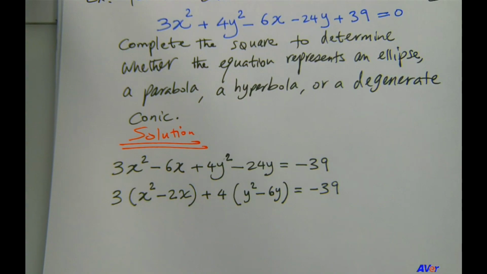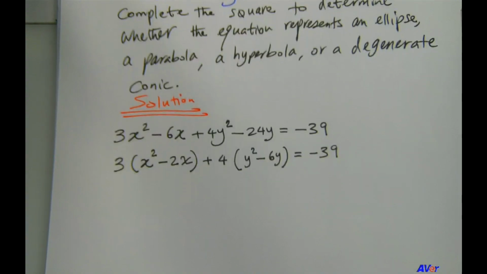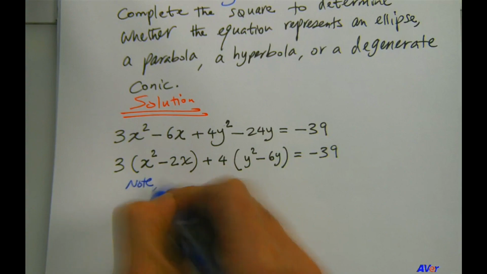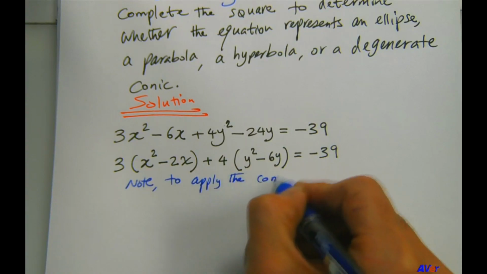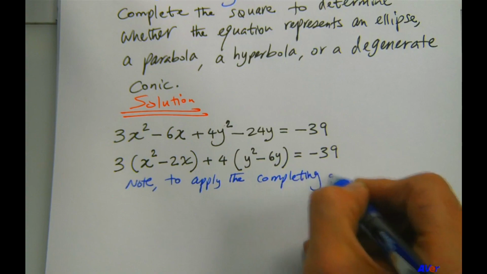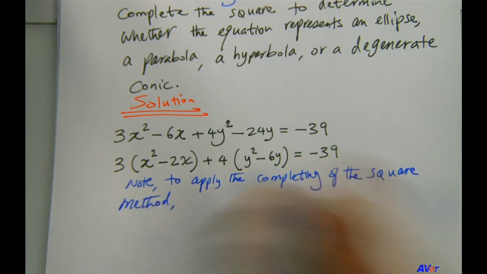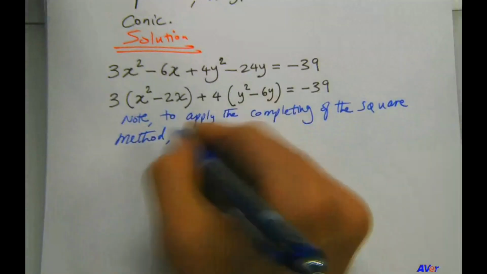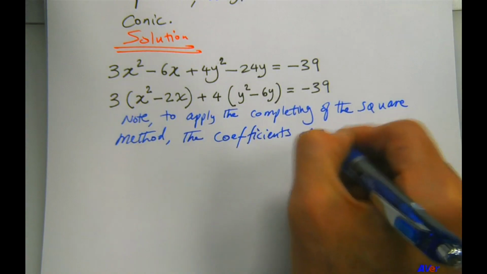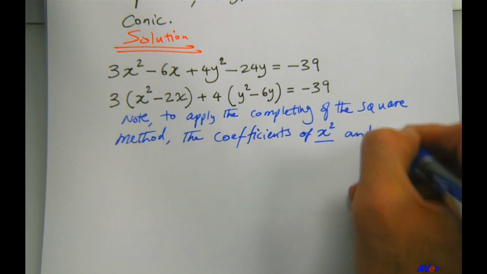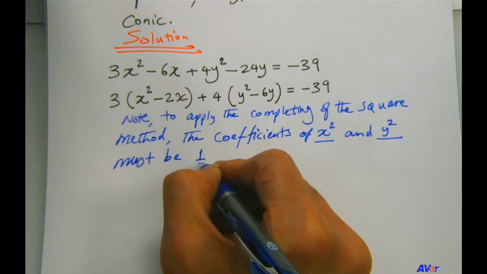So now we can apply the completing the square method. So let me write that down. Must be 1.